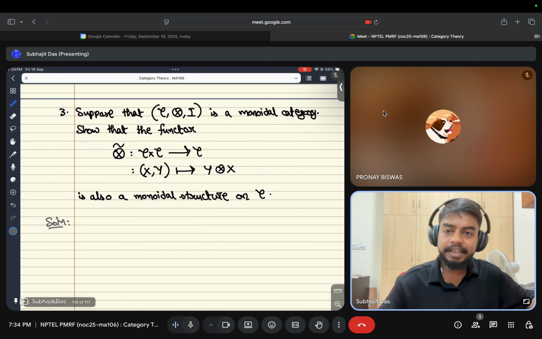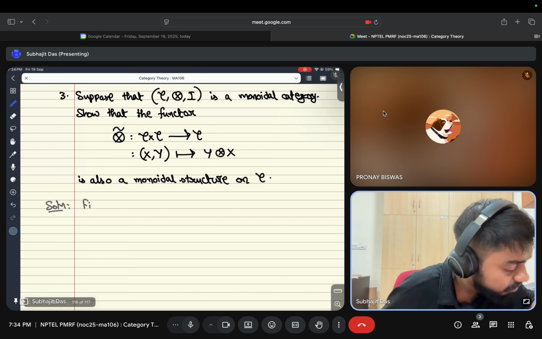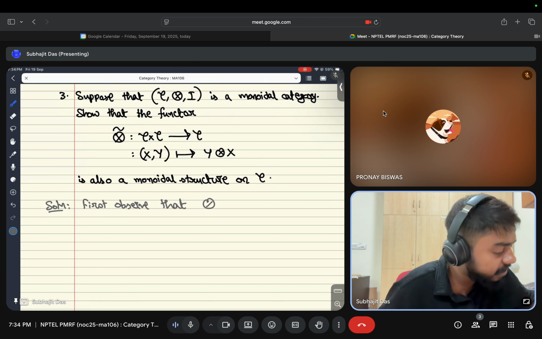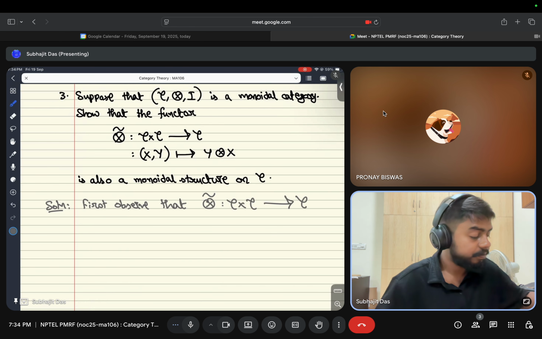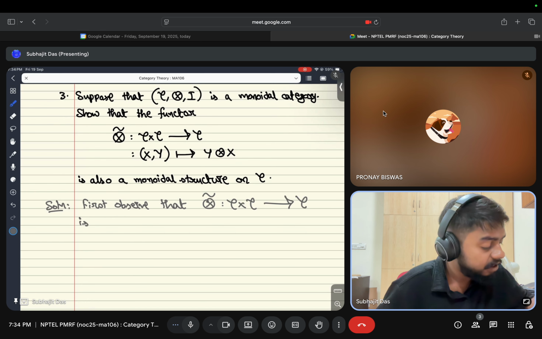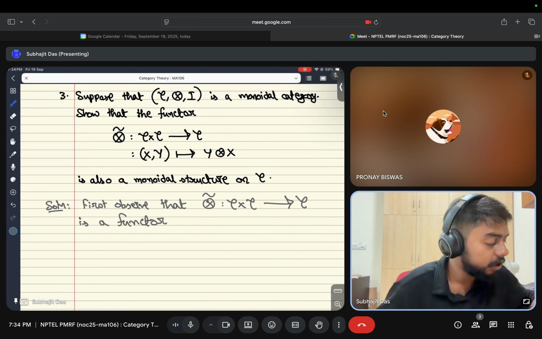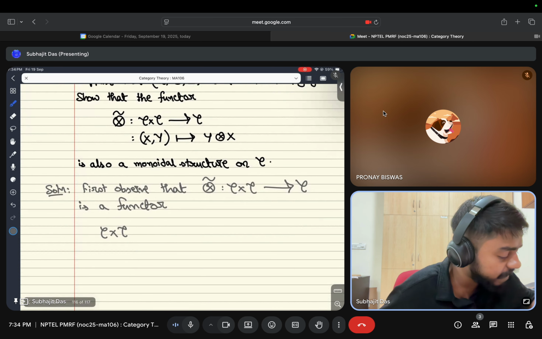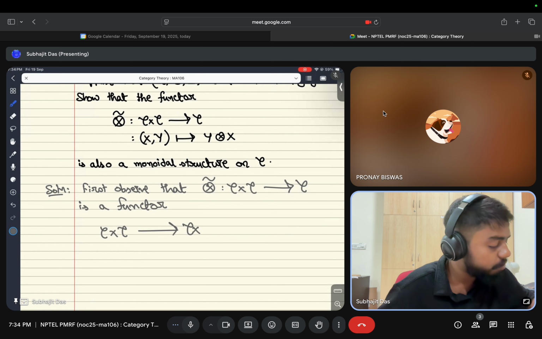To show that this is a monoidal structure, first observe that tensor tilde from C cross C to C is a functor. Why is this a functor? Easy to check actually. More precisely, this is a composition.